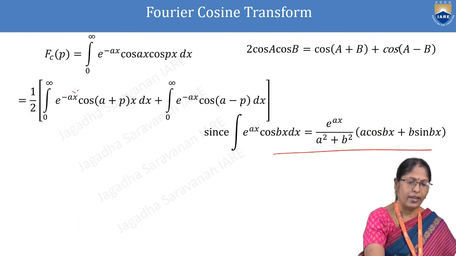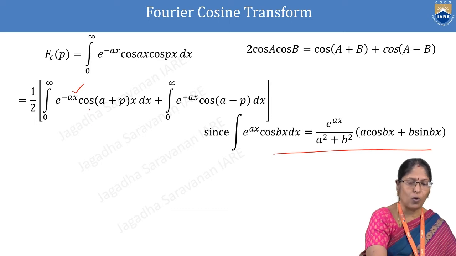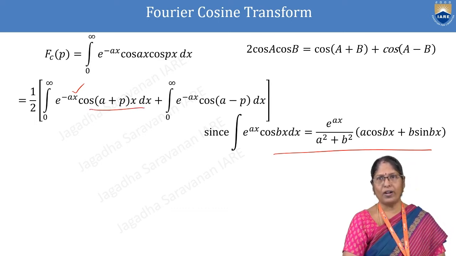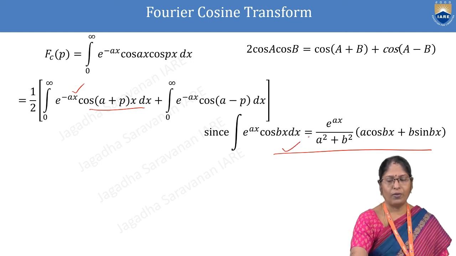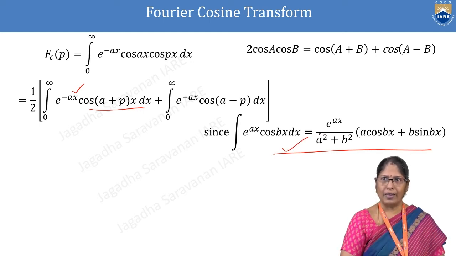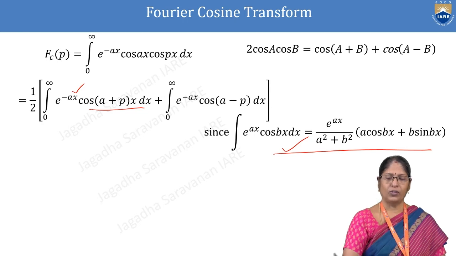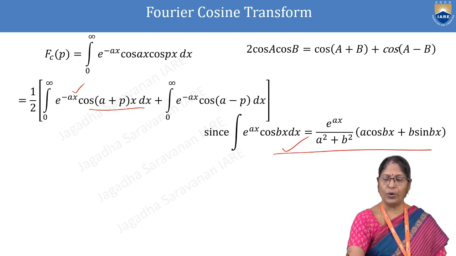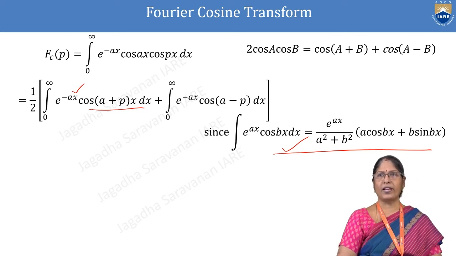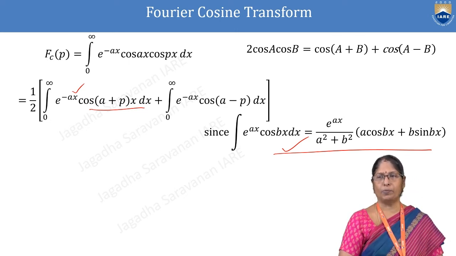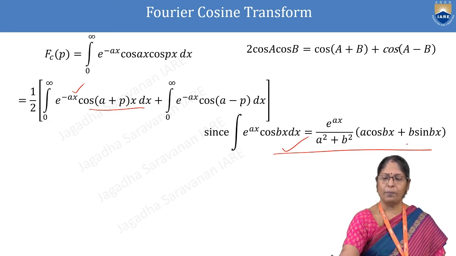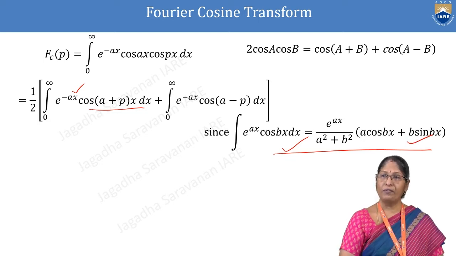So one is exponential, another one is trigonometric. So one exponential, one trigonometric, the formula which is available, that formula we have taken. So the integral of e power ax cos bx dx, we know it very well, is e power ax by a square plus b square into a cos bx plus b sin bx. We will do the comparison with our problem.